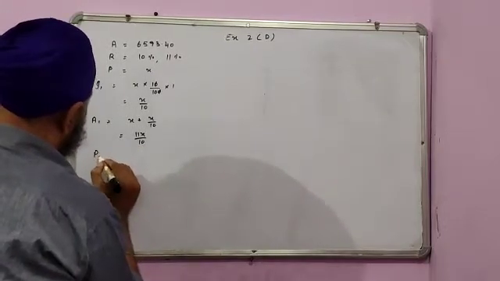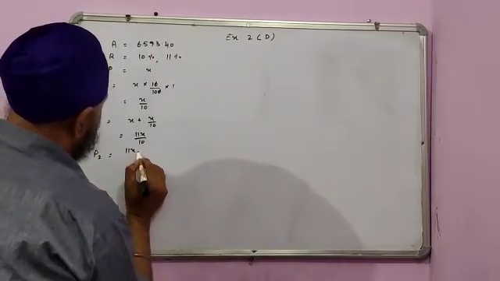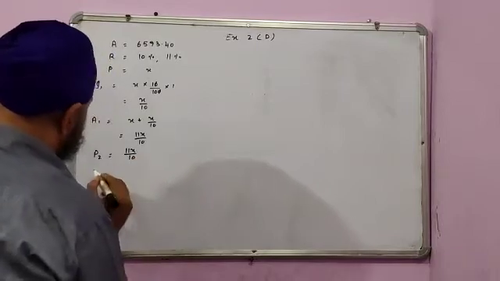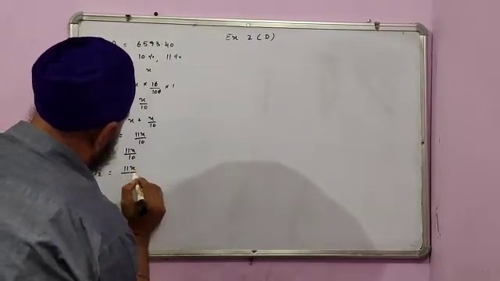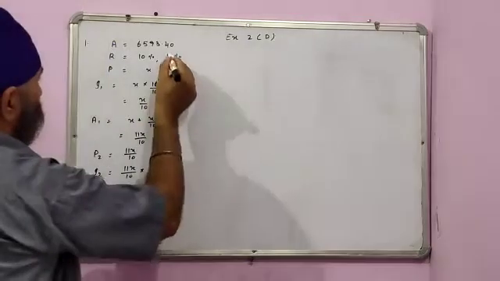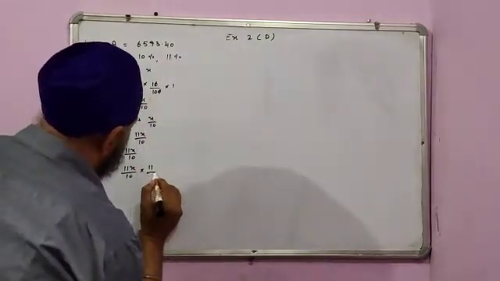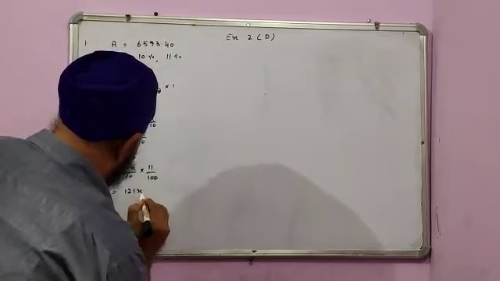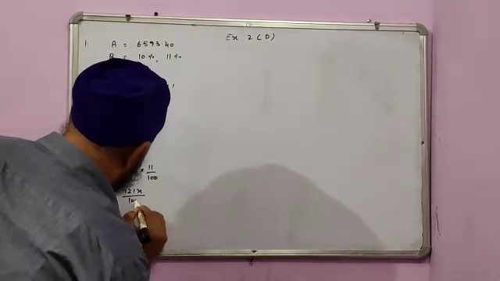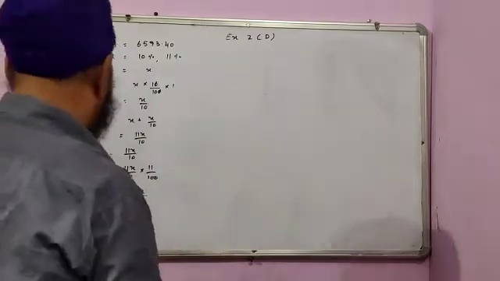So principal for second year is amount for first year, 11x upon 10. Interest for second year is 11x upon 10, and rate for second year is 11%, so it is 11 upon 100. Interest for second year is 121x upon 1000.